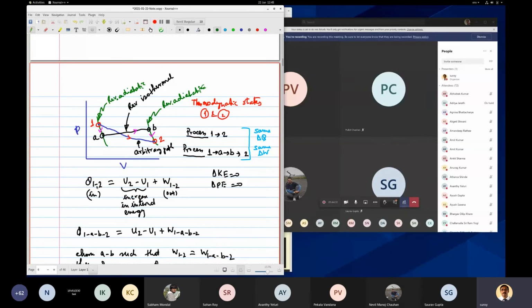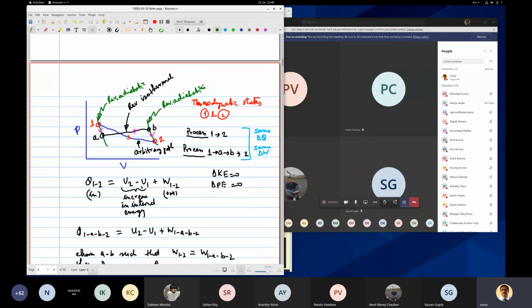Here some heat input is there, and as per the first law, it will be U2 minus U1, increase in internal energy, plus work W12, work out, right? Kinetic energy, potential energy we are not considering. Just let us see.